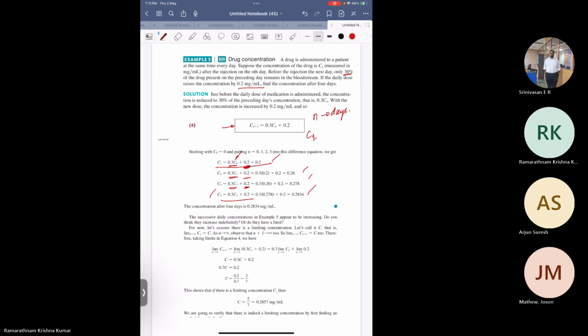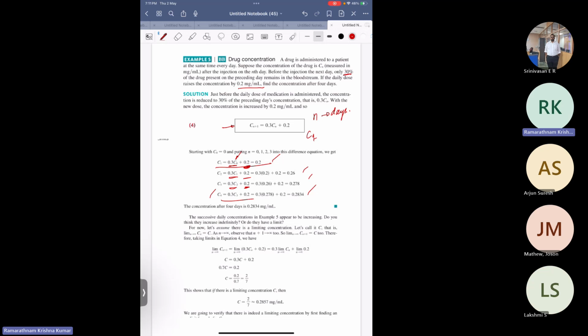So now this is an interesting thing. What is the interesting question? The interesting question is, if you keep giving this drug every day, as a doctor, do you think that it will keep on increasing? Every day you give an injection.